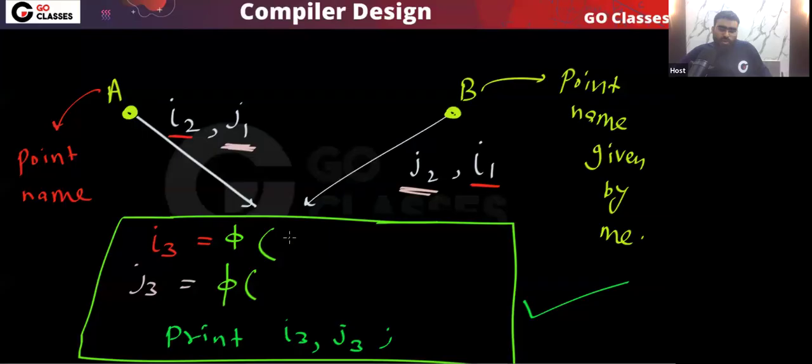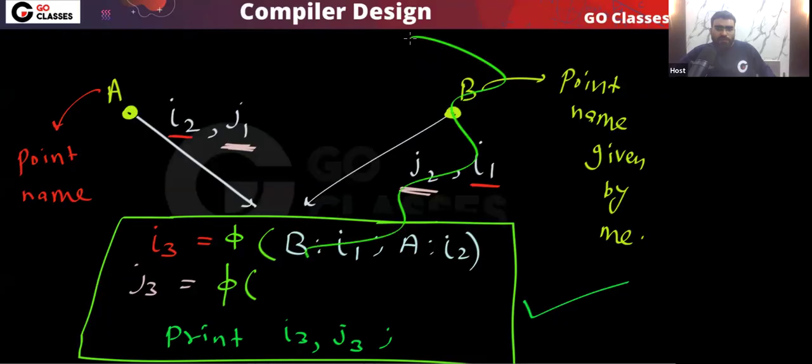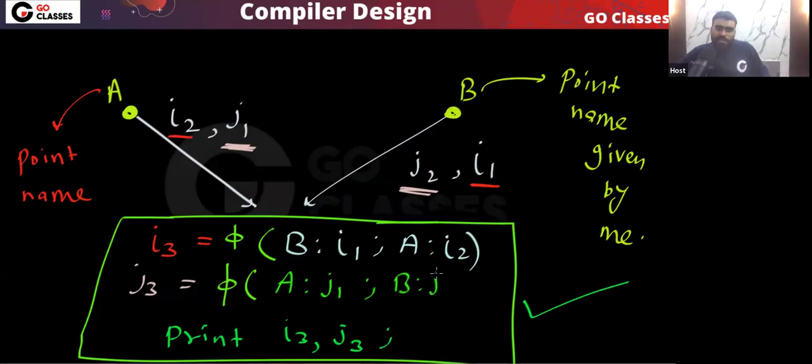If you are coming from the B side, return I1. If you are coming from the A side, return I2. If you are coming from the A side, return J1, and from the B side, return J2. This is also fine. Is this clear?